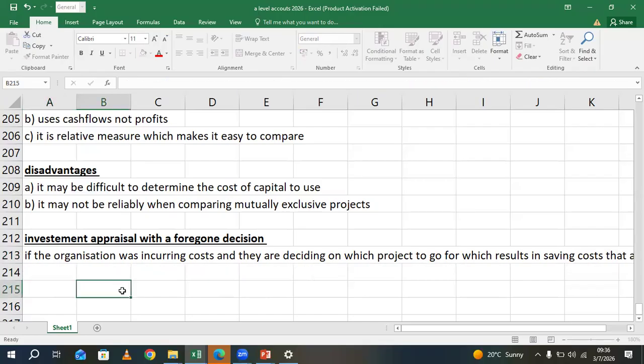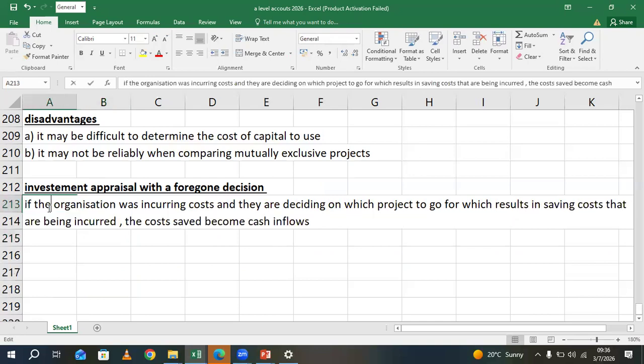We were incurring costs, and now we've chosen the decision to go for an alternative, which is going to result in us no longer making those payments. The cost that we have saved is an inflow.